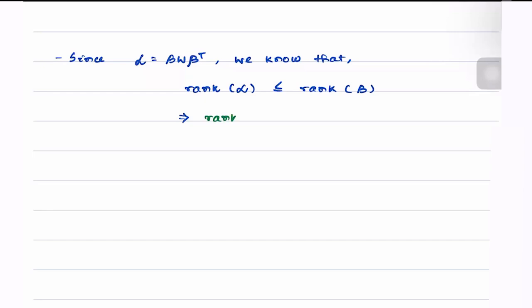Since L is equal to BW transpose, we know from the preliminary points that we discussed before that rank of L is less than or equal to rank of B, which implies that, since the rank of L is n minus 1 because G is a connected graph, the rank of B is greater than or equal to n minus 1.